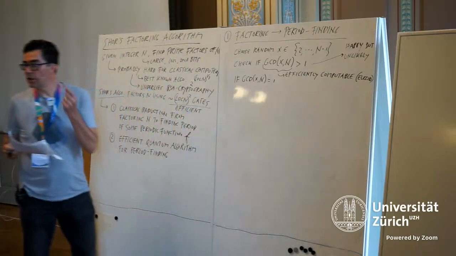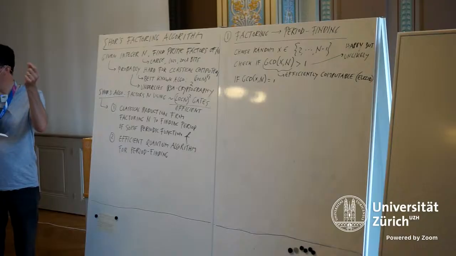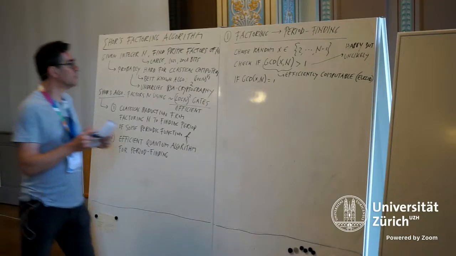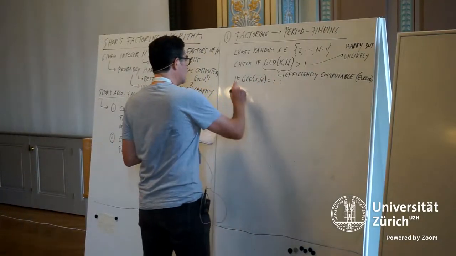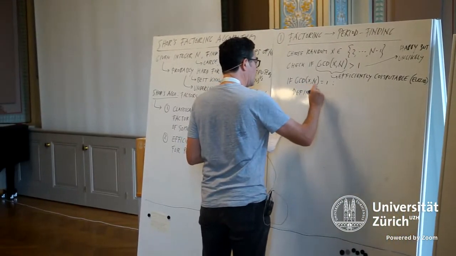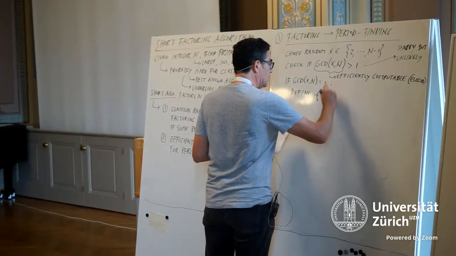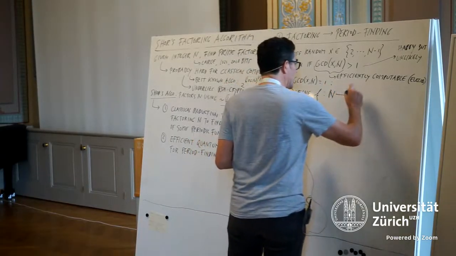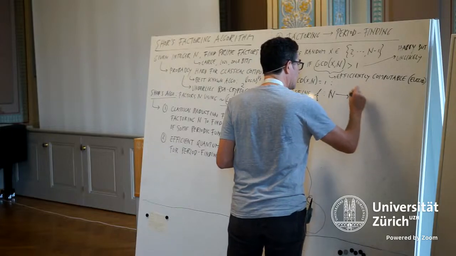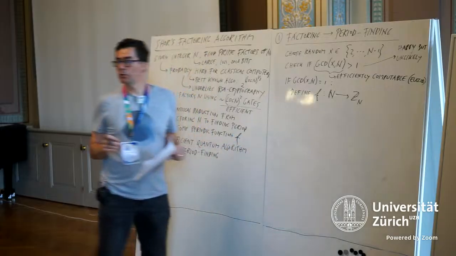You can define an interesting function that's going to be periodic with an unknown period r that's useful for factoring. So you define a function that goes from the integers to the integers mod N. This notation just means the integers modulo capital N.